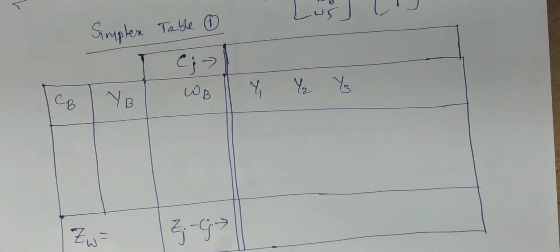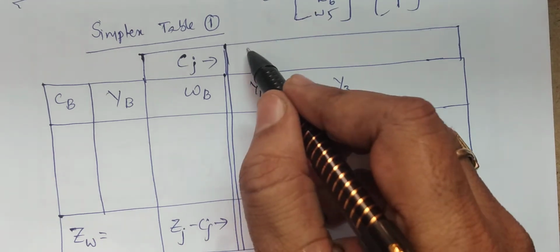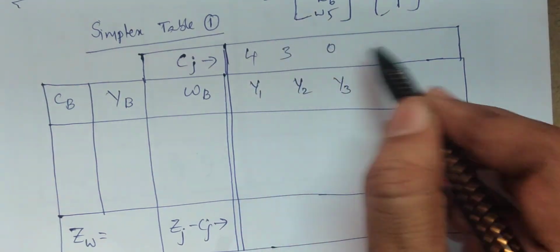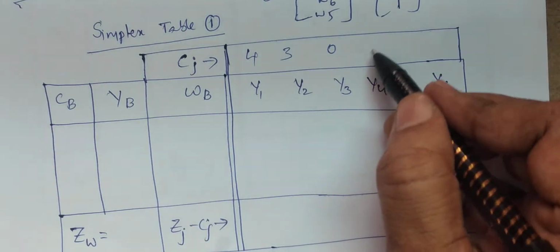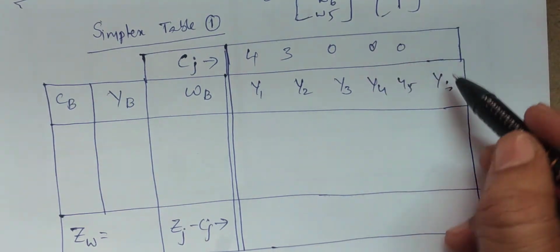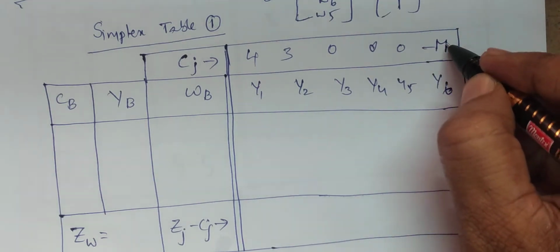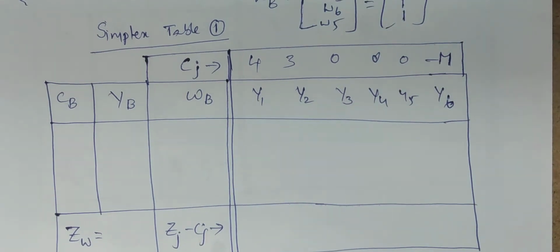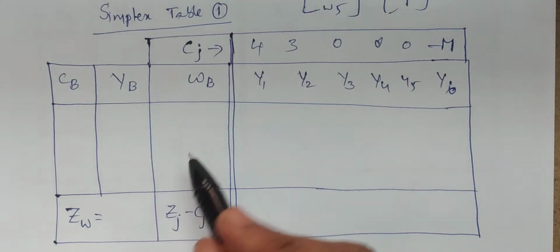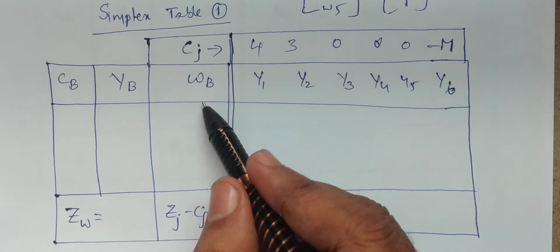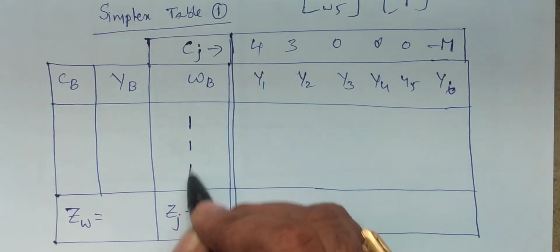I have formulated the simplex table. First of all, I write the cost here, Cj, that is 4, 3, 0 for y3, y4, y5, and y6. So y3 is 0, y4 is 0, y5 is 0, and the cost of y6 is minus M. Now what you have to do is first enter the initial basic feasible solution, that is 1, 1 and 1.